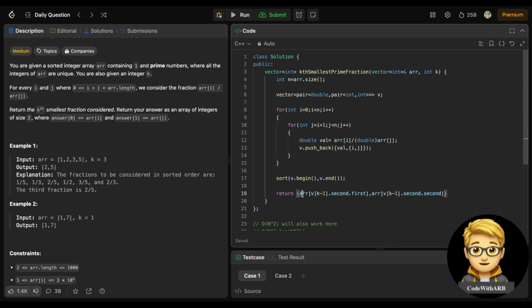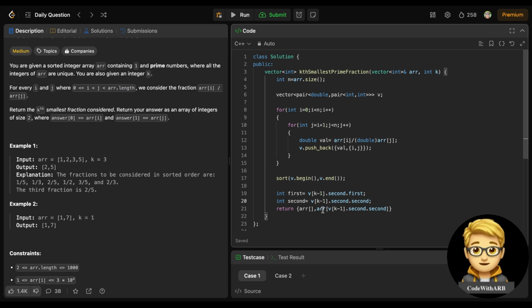So this seems complex, but if you break it down, this is the first index, because this is a double pair, right? So this second pair denotes this whole pair, and second dot first will return the first index. This is the first index, and this is the second, which is second dot second.